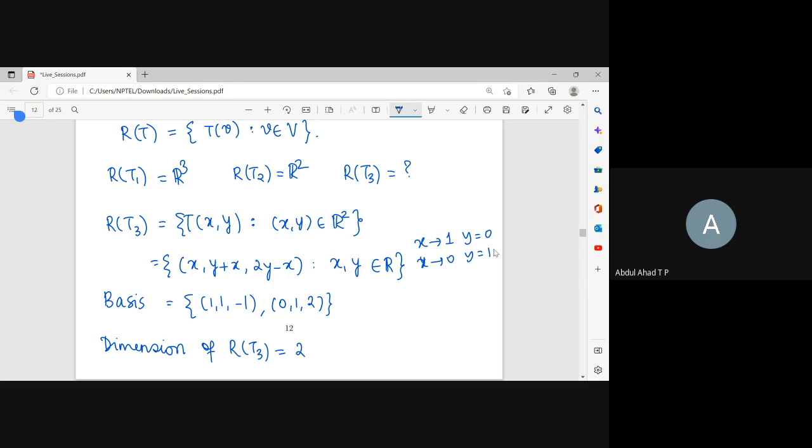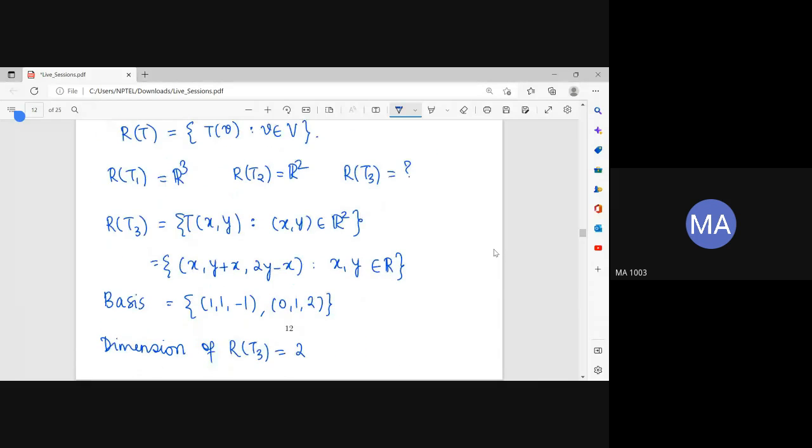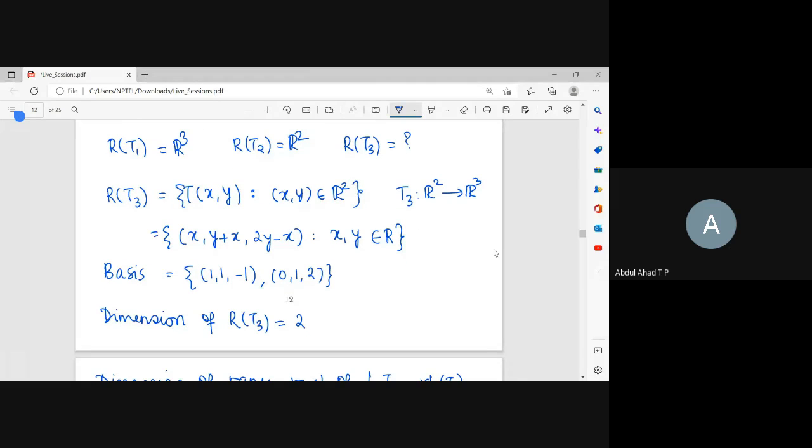Ma'am, can I ask a question? We are checking 1, 2, which is the same as checking whether W is spanning R2. This one's codomain is R3. You are checking whether the range is equal to R3 or not.